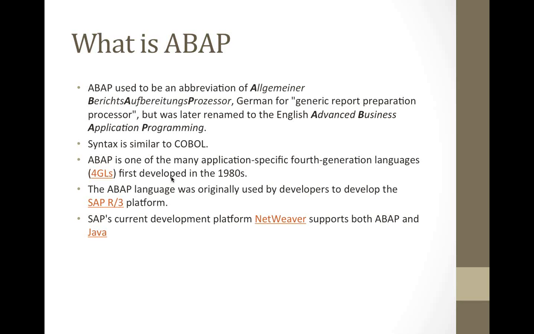Earlier, presentation, application, and database were clubbed together, which made it very difficult for the system to run the application and store the data, and it was very unresponsive at times. So SAP converted to the SAP R3 platform, using ABAP as the primary language.